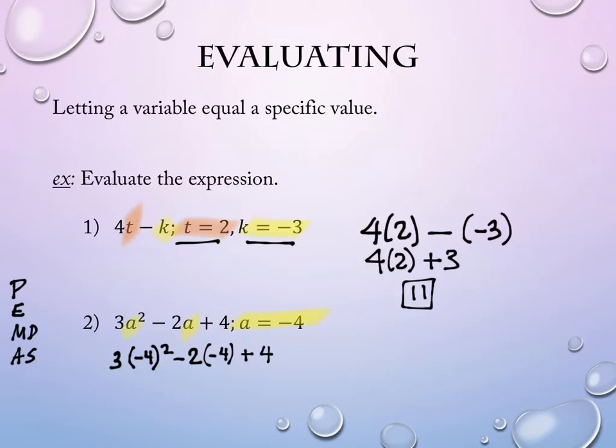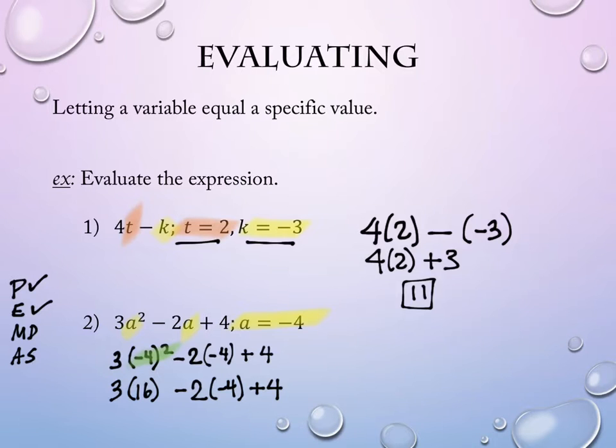E means exponents, and we do have an exponent here: my -4 squared. So what happens when I take -4 times -4? Yeah, it becomes positive, and it's 16. So that's the simplification of my exponents on that step. So I've checked off the P and the E.